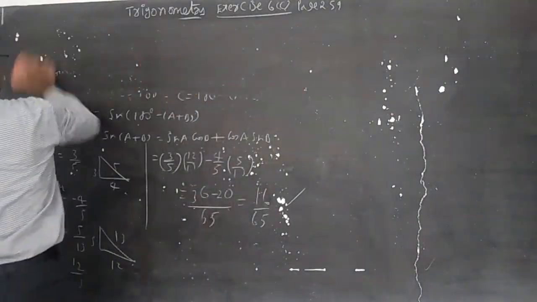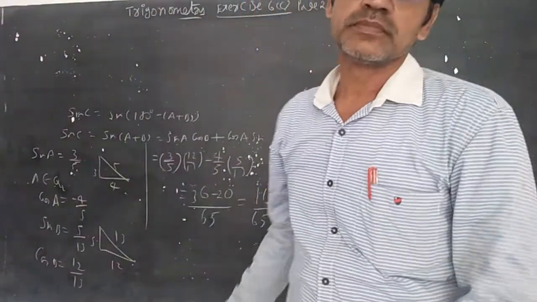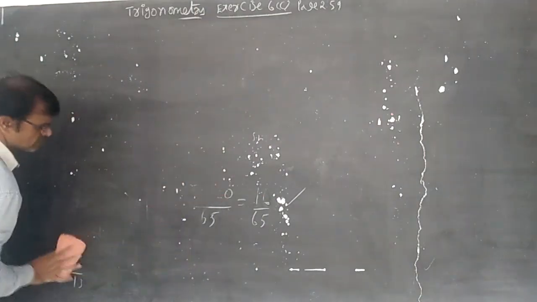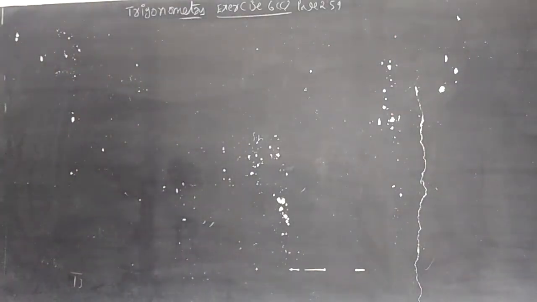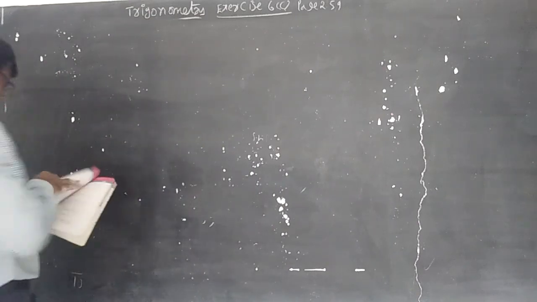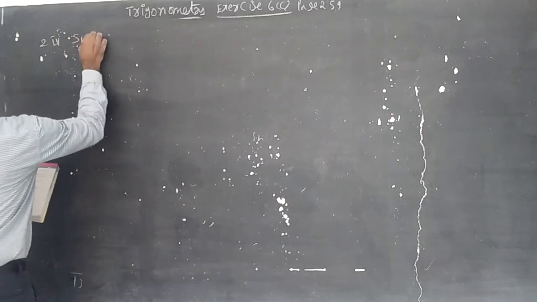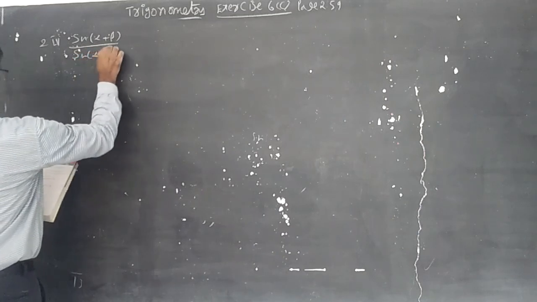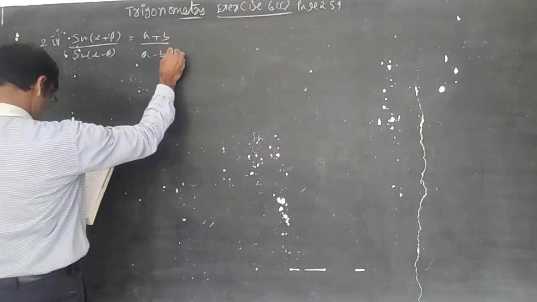Now, Roman number 2, fourth question. If sin of alpha plus beta by sin of alpha minus beta is equal to a plus b by a minus b.